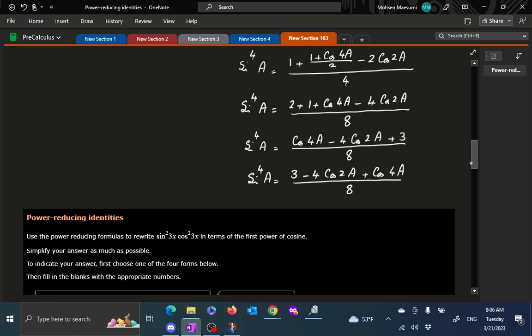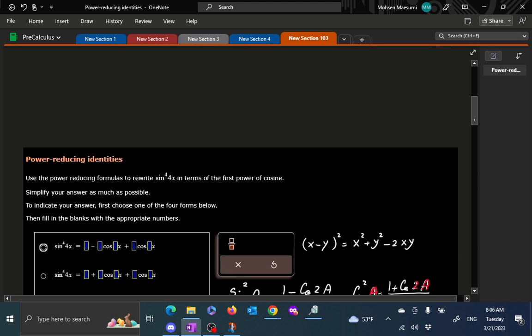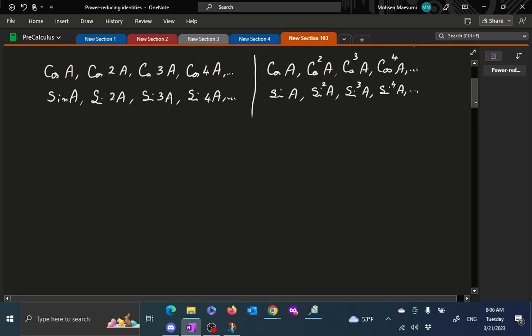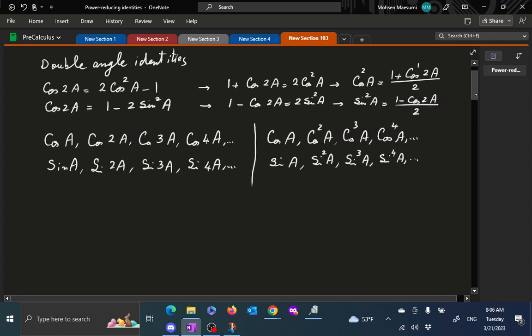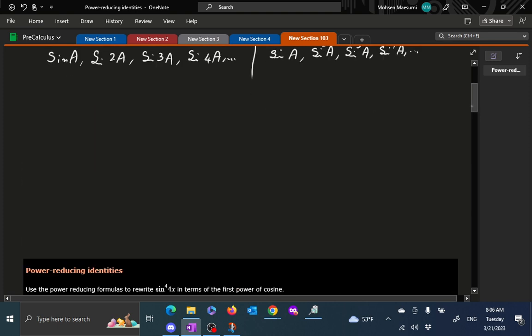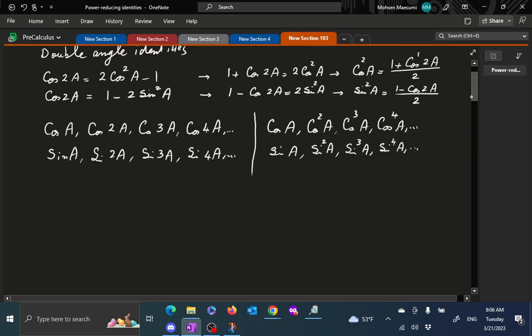So one way or another, we have a format. Let's go ahead and port this to the set of formulas we want to have here. Let's write it in the style of cosine to the power of 2 of a.